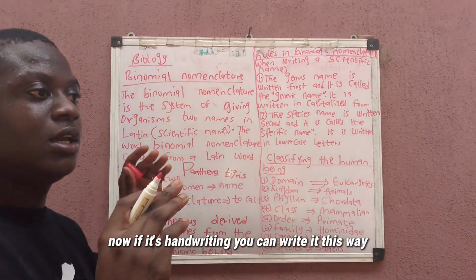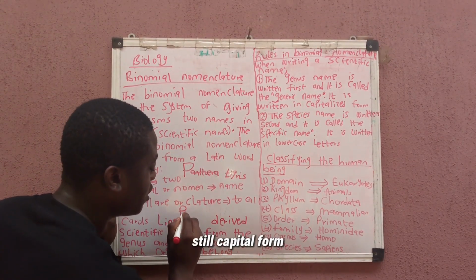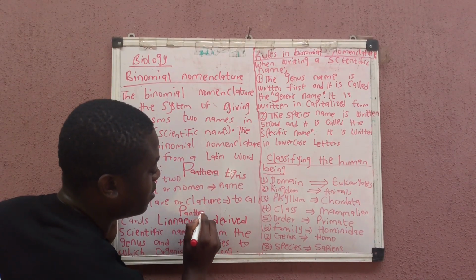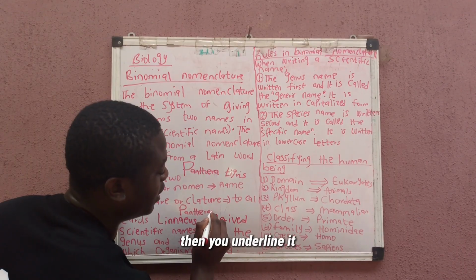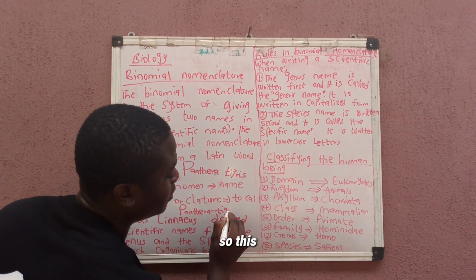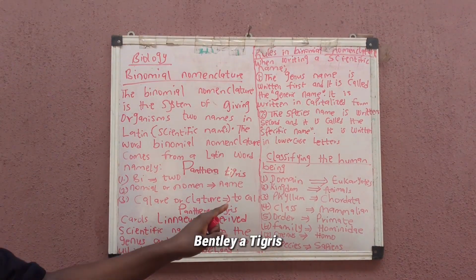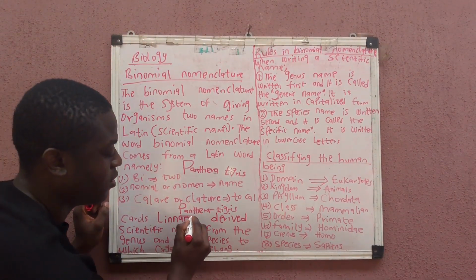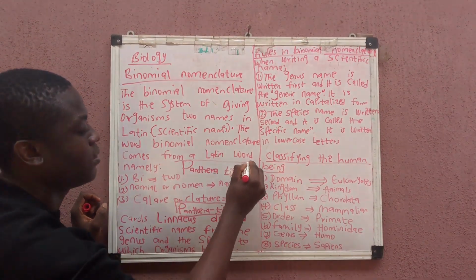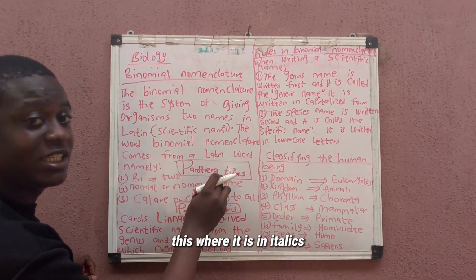Now, if it's handwritten, you can write it this way, still in capital form for the genus, and then you underline it. Tigris. Panthera tigris. This is where it is in italics.